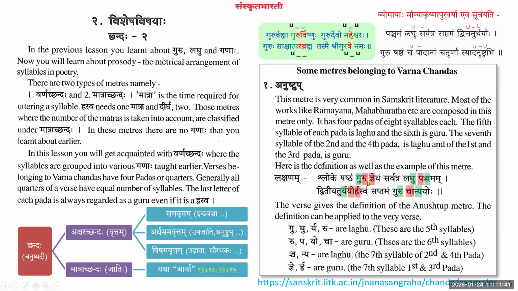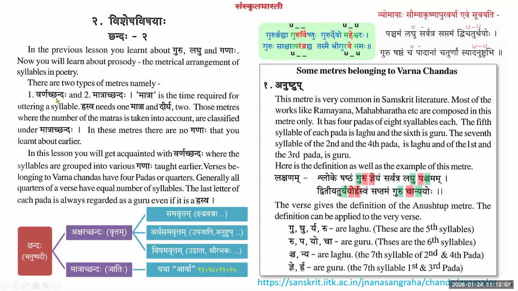Shloke shashtam guru gneyam sarvatra laghu panchamam, dvitiyasturyayor hrasvam saptamam guru chanyayoho. Here see everything is in Napumsaka: Guru, Guru, Laghu, Panchamam, like this. Because it's taking the sense of Akshara. Aksharam is Napumsaka.